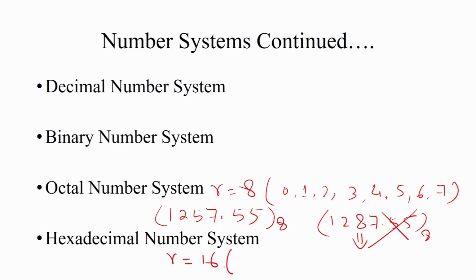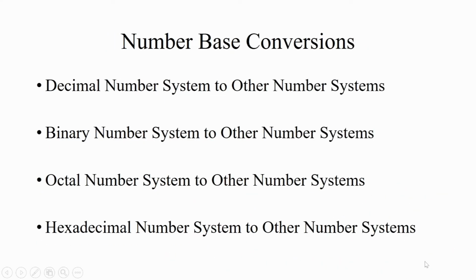The digits used to represent a number are 0, 1, 2, 3, 4, 5, 6, 7, 8, 9, and then A, B, C, D, E and F. A total of 16 digits are used. Generally A is represented by 10, B by 11, and similarly F is represented by 15.